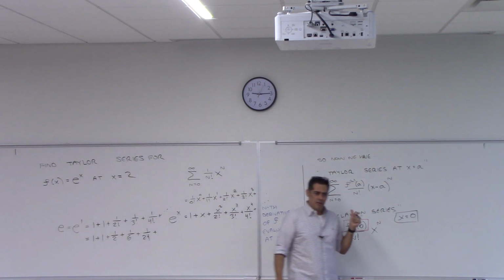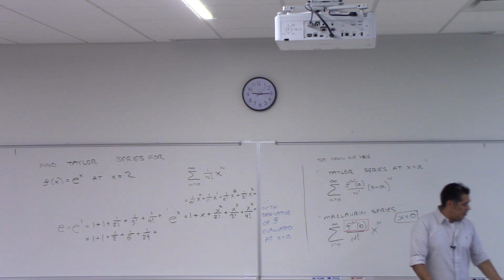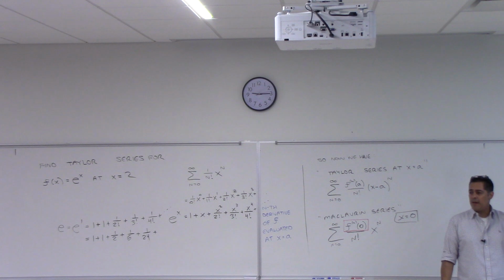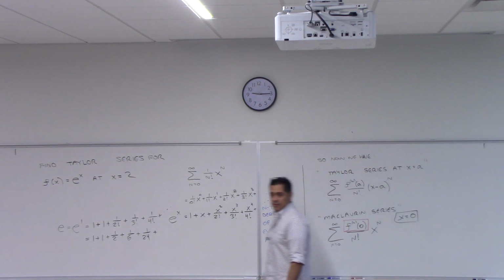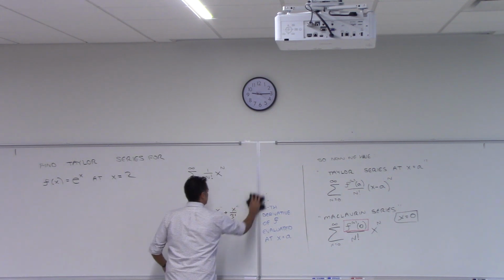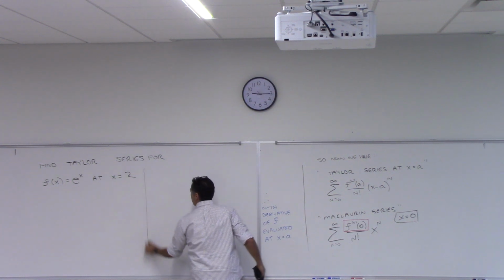So this is different now, right? So we're going to follow the procedure. The procedure is on the back page; this is how we find Taylor series. We're still going to make a table of derivatives. I'm going to do it right here. So I'm going to make my table of derivatives first.